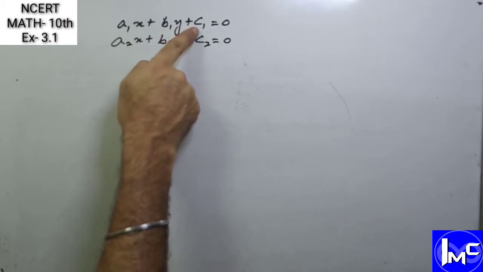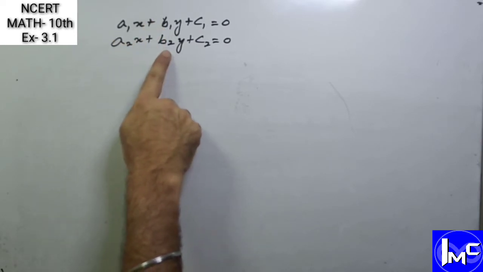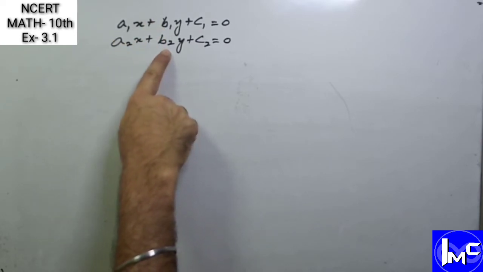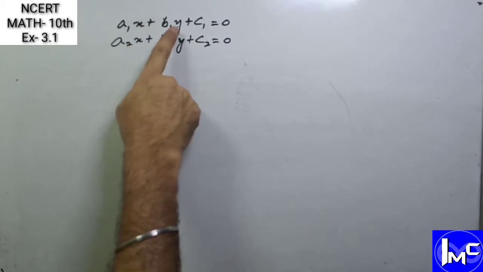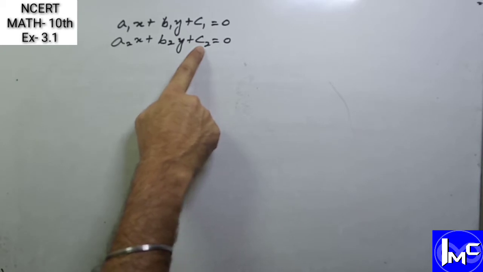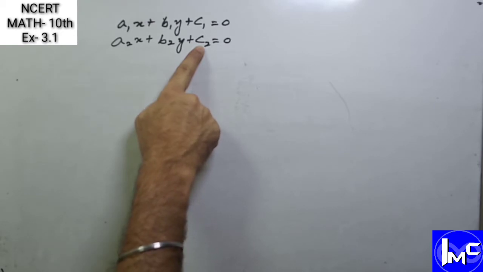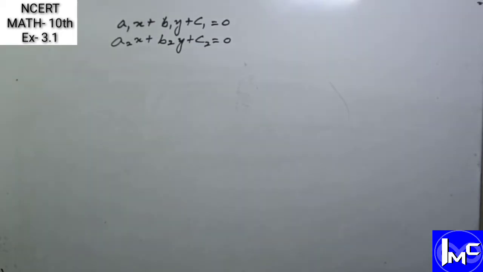a1, b1, a2, b2 are coefficients of these variables x and y, and c1 and c2 are the constant terms. And we will be asked to solve these pair of linear equations in this chapter, and we will solve these equations by different methods.